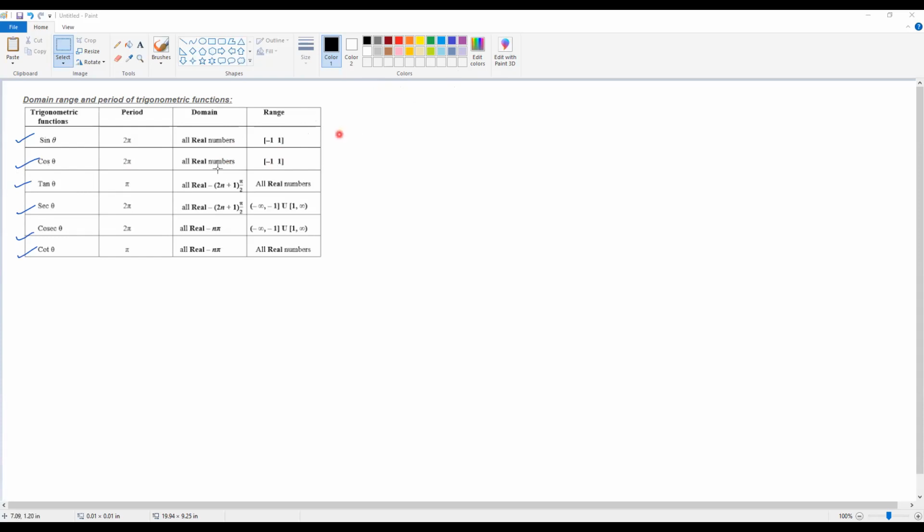Now we have to see what about the inverse of these trigonometric functions, like sine inverse. We normally write it as sine inverse x. It is not sine x to the power -1. It's a different thing. Sine x to the power -1 means 1 upon sine x, the reciprocal of sine x.